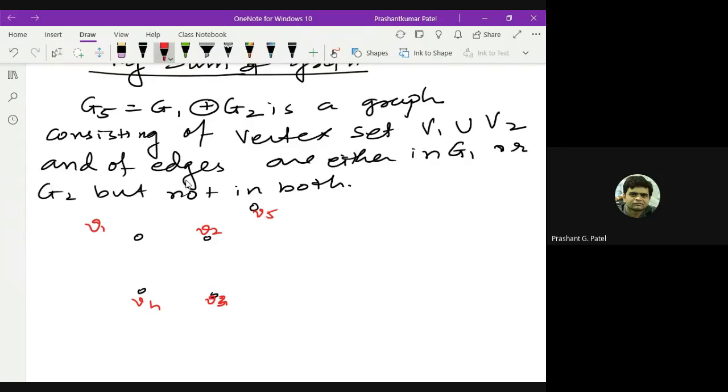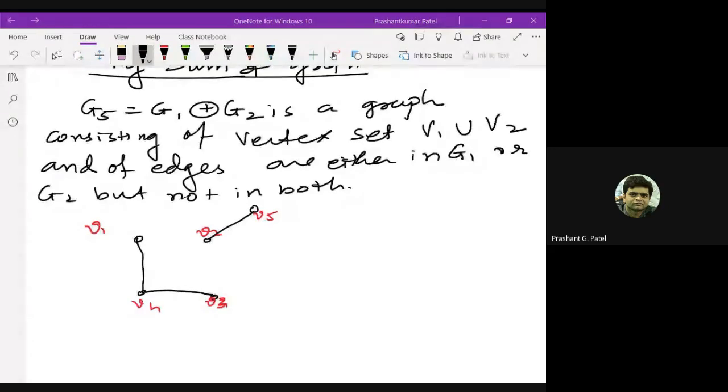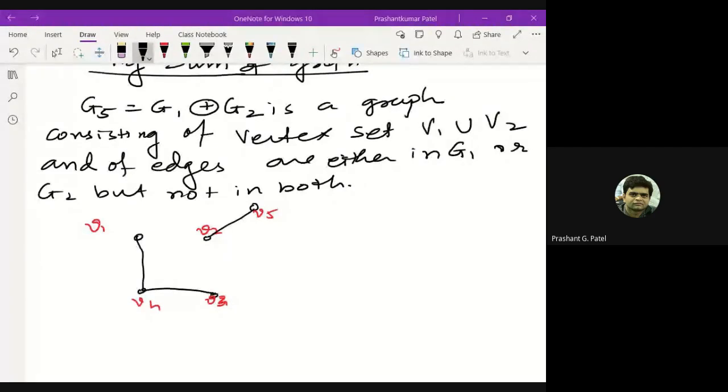So what you will have is this edge, this edge, and this edge, because this edge and this edge are common in both, so that's why they are removed. So this is the graph which tells you about G1 direct sum, or I can say ring sum, G2.